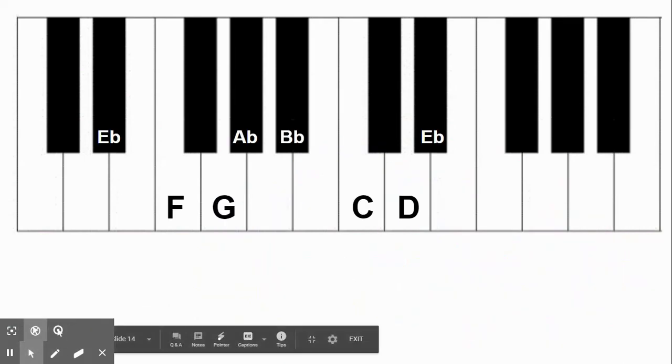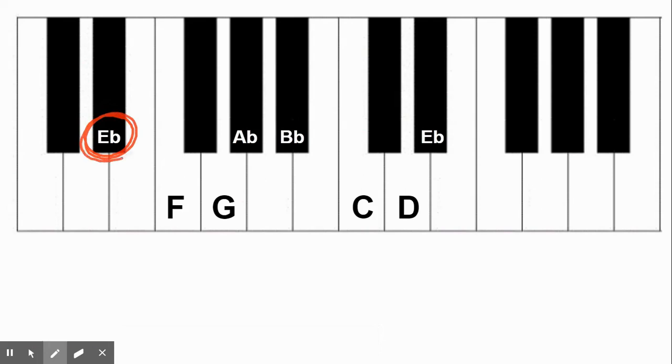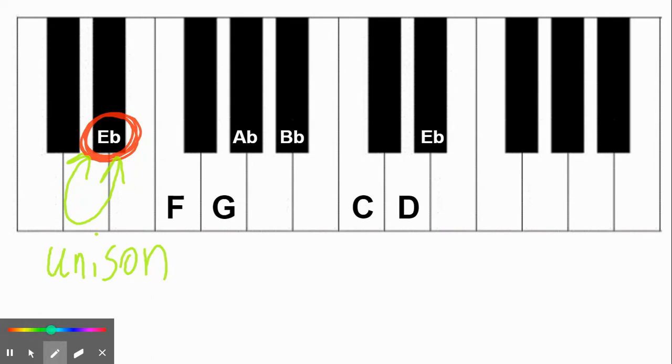So with all that in mind, let's look at an E flat major scale. E flat is our root. So if I go from E flat and I just play another E flat, that is a unison. If I go to A flat, that's a fourth.